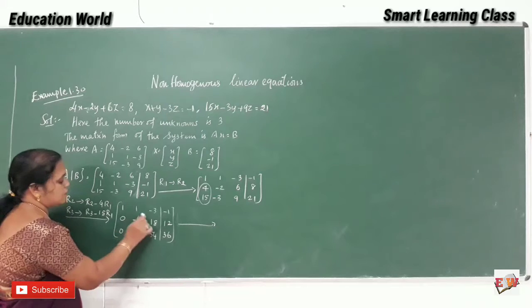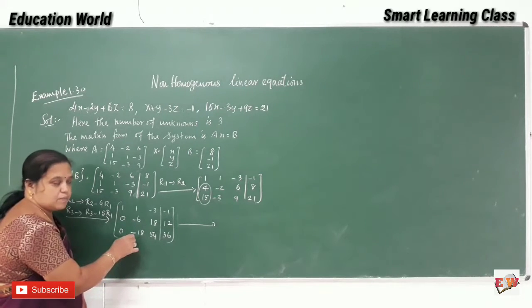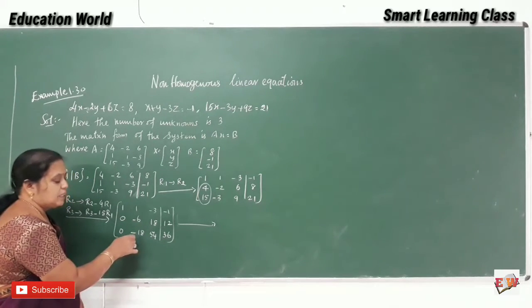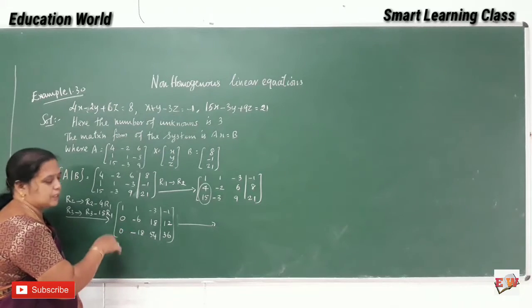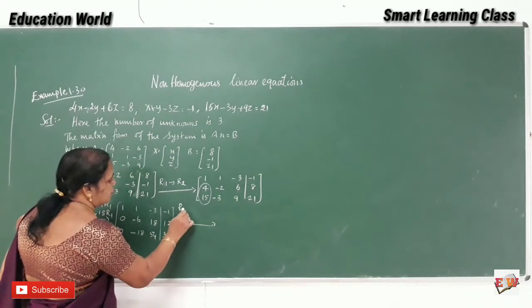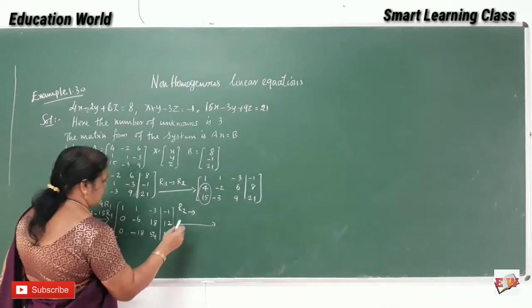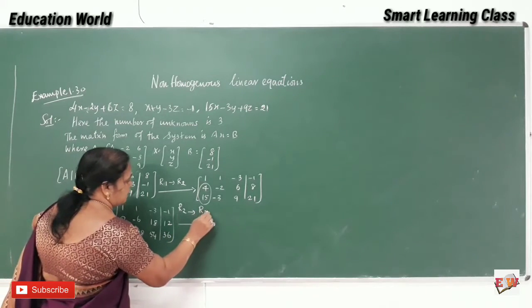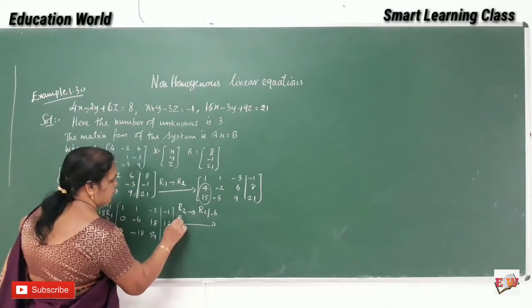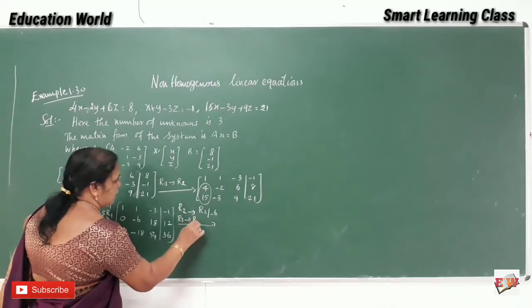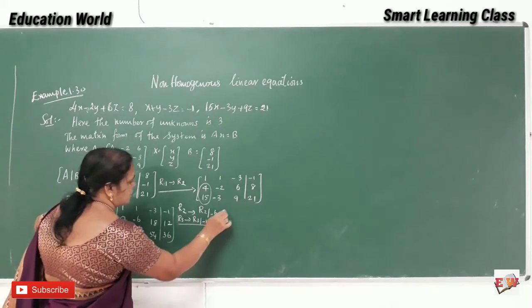See, these terms are in minus. If it is in plus, it is very easy to reduce the terms. So I am going to divide R2 by minus 6 and R3 by minus 18.